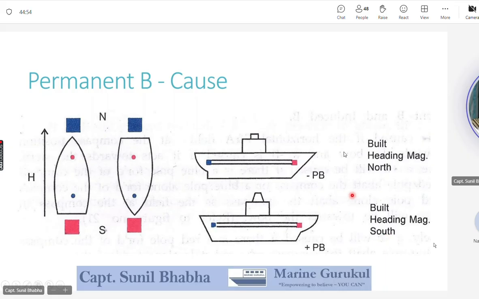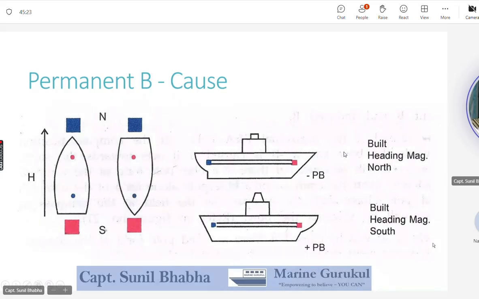Now, when the ship has magnetism in this particular way, with a blue bow and a red stern, how does this magnetism affect our compass? If you look carefully, this is the permanent magnetism of the ship in the horizontal fore and aft direction. What causes permanent B? So let us see its effect on our magnetic compass.